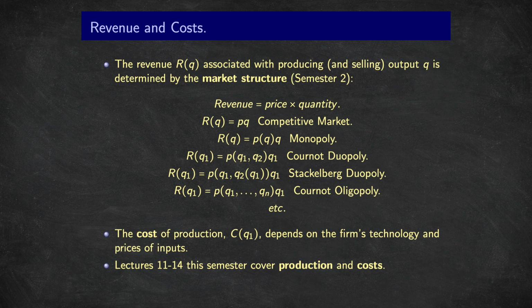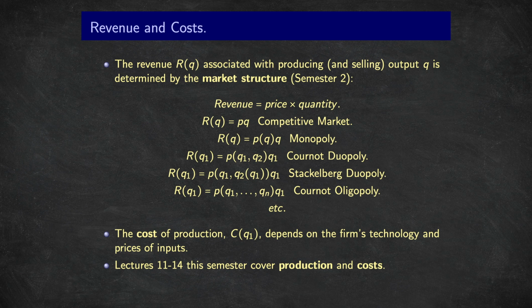An alternative model of duopoly is the Stackelberg duopoly. In this case, the market price, P, is a function of the output of firm 1 and of firm 2, but the output of firm 2 also depends on the output of firm 1.